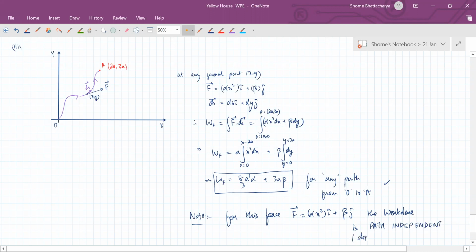It depends only on state, that is, from what position it is going to which other position. So make a note of this. This is an important concept here.